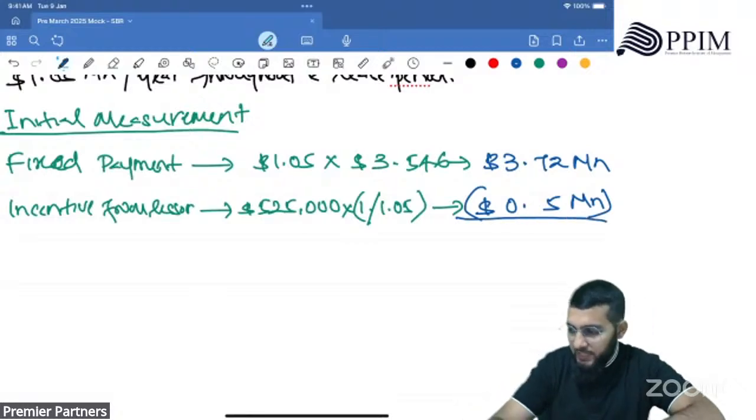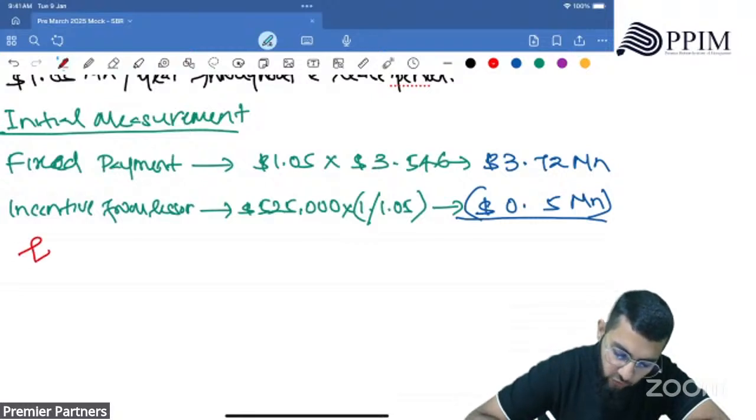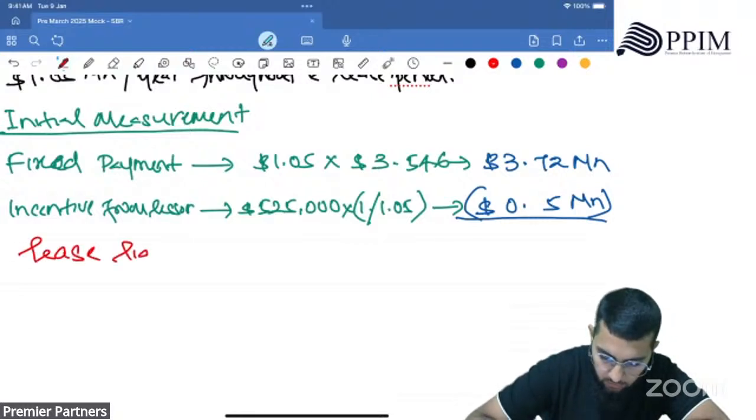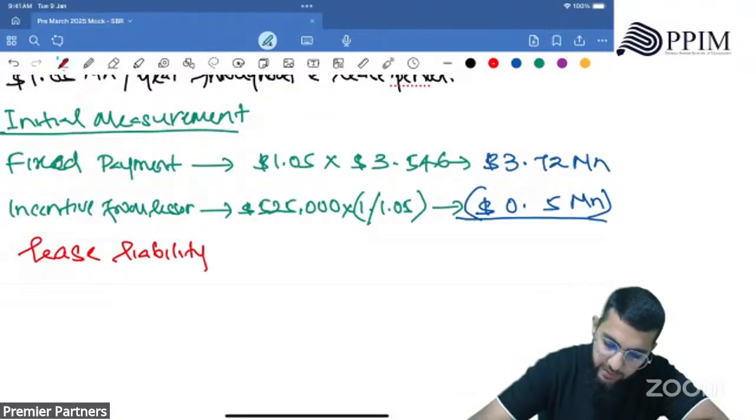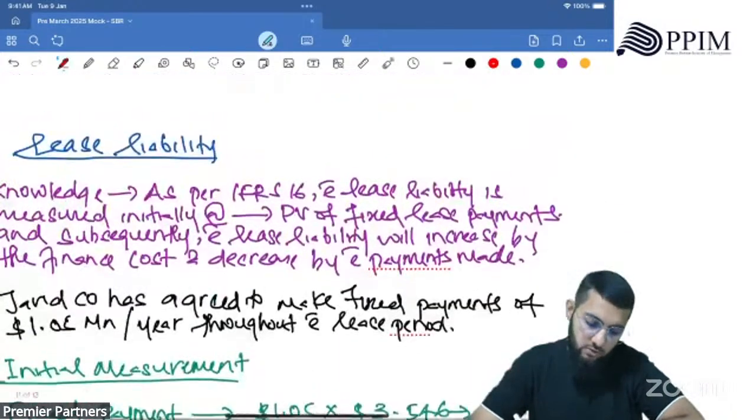Okay, so what's going to be the lease liability? Lease liability, therefore, will be 3.22 million. Okay, that's your lease liability.